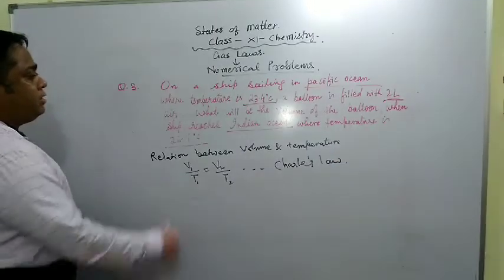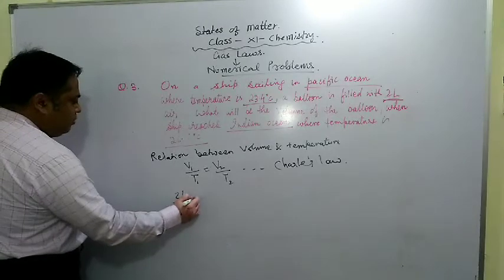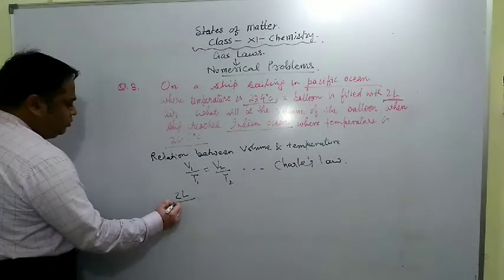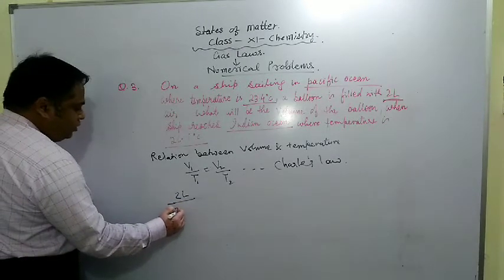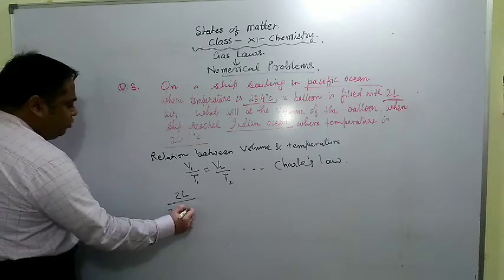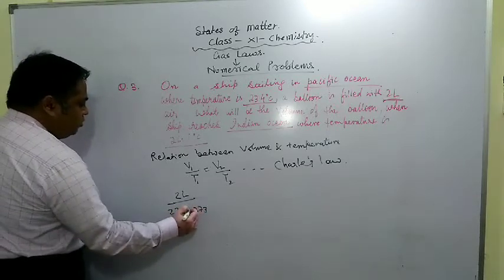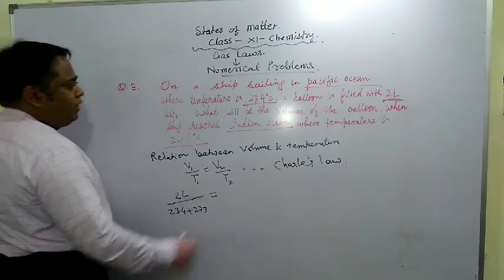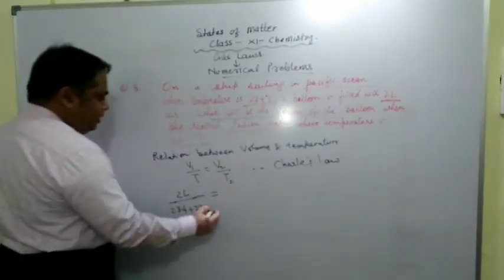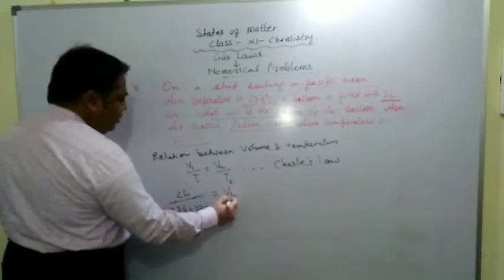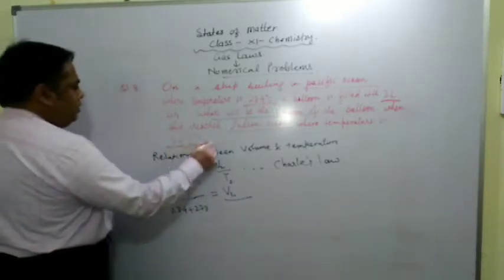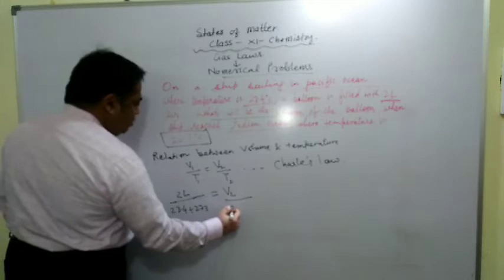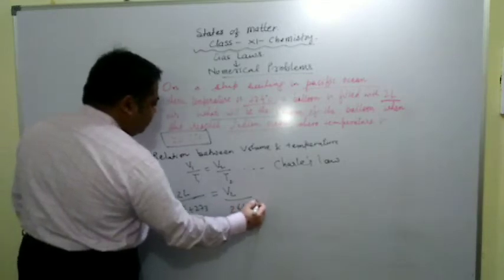So V1 is equal to 2 liter and T1 is equal to 23.4 degrees C, but we have to convert to Kelvin, so we will write 273 added. V2 we have to find out, the volume in Indian Ocean, so V2 by T2, where T2 is 26.1 plus 273.